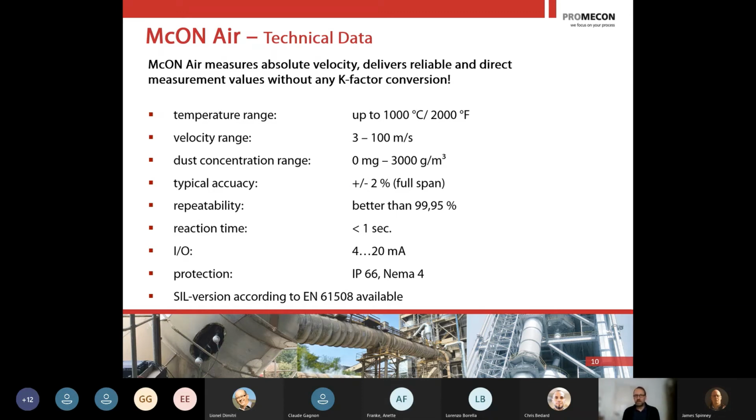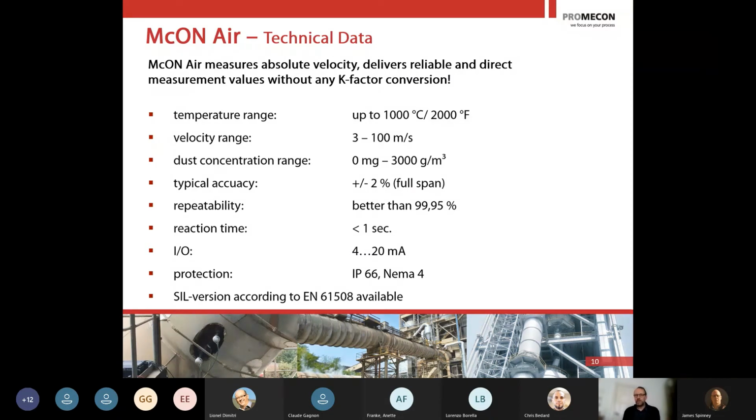Other applications like aviation, they might be possible, but they're still somewhere in the future. The dust concentration is between 0 and 3000 grams per cubic meter, where the lower end is clean air, and we like to use the range extender for dust concentrations below 100 milligrams per cubic meter.